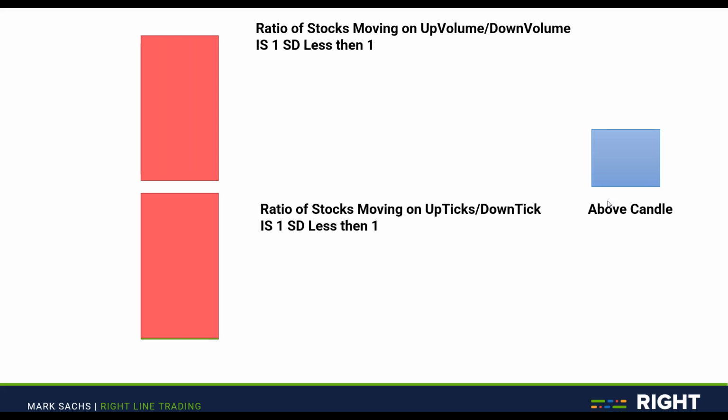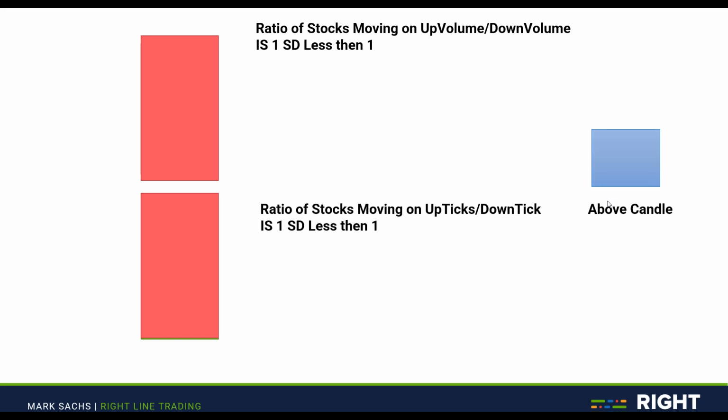Now, the only thing that can cause this kind of disparity is big institutional money. Nothing can take 500 stocks in the S&P 500 or 2,000 stocks in the Russell 2000 index and align them with the vast majority moving on downtick on down volume, except big institutional money.